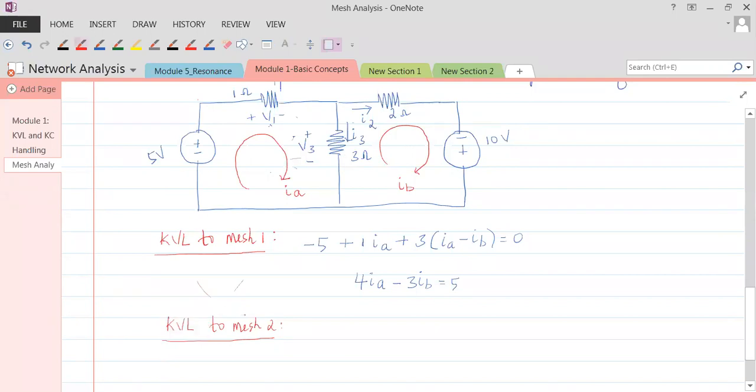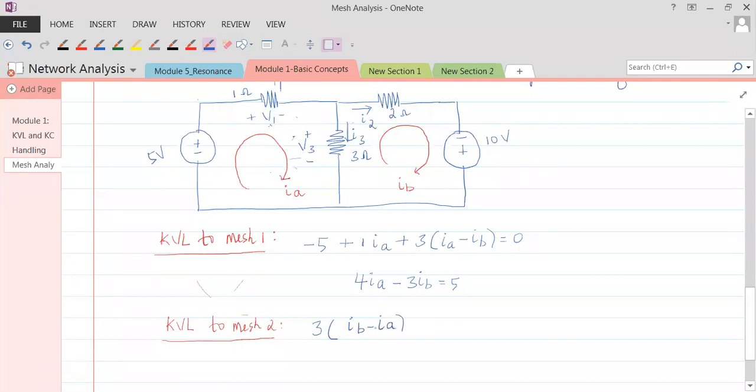See here, everybody, it is 3 into, 3 into IB minus IA now. Why am I operating in mesh 2?